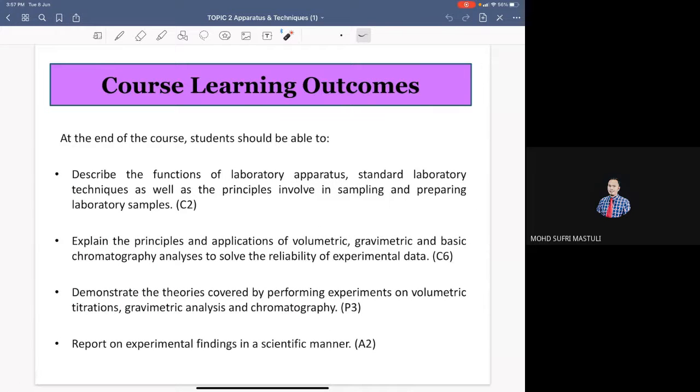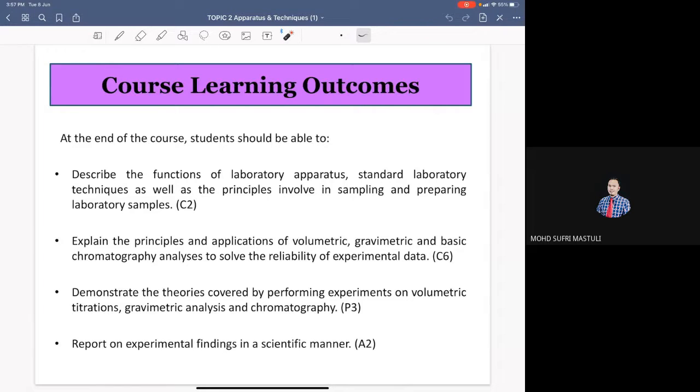This is the course learning outcomes. At the end of the course, students should be able to describe the function of laboratory apparatus, standard laboratory technique, as well as the principle involved in sampling in preparing laboratory samples.